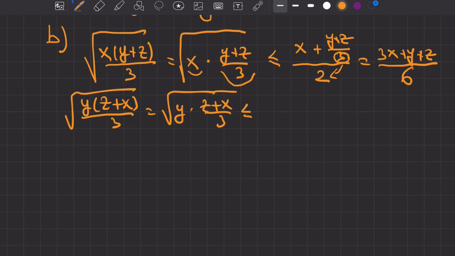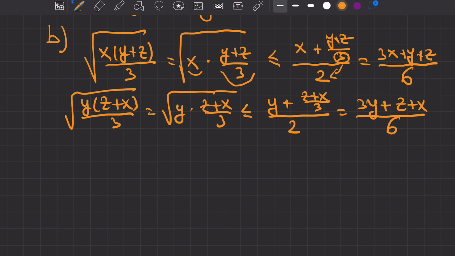In the same manner, we get that it is y plus (z plus x) over 3, divided by 2, which is equal to (3y plus z plus x) over 6. The last one is z multiplied by (x plus y) over 3.